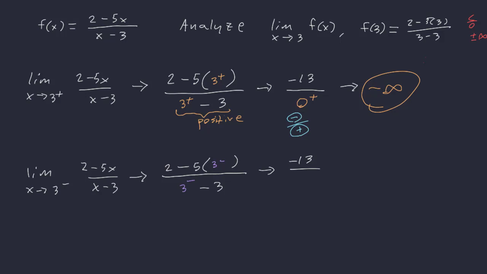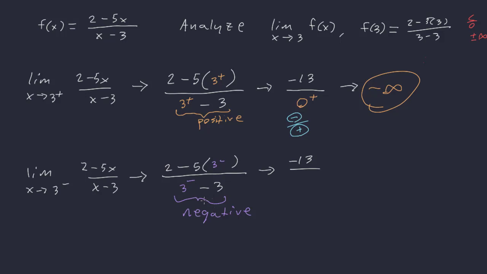It's the bottom here that we need to look at, because now these are values less than 3. This is not something like 3.001 like it was up here. Now this is something like 2.999 minus 3. So this is something like negative 0.0001. Specifically, that's what we are concerned with. This is going to be negative, because this is something very close to 3, but still less than 3.